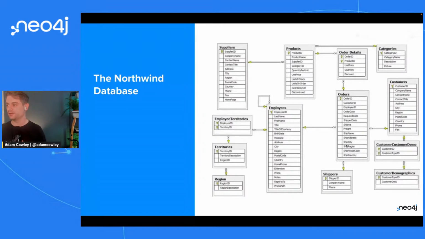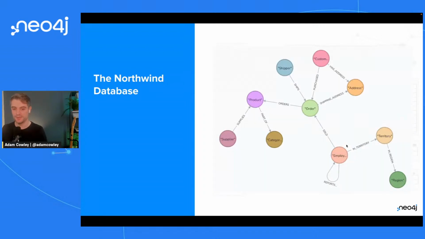For anybody that's not familiar with this example, I'm probably dating myself by saying that I remember learning this in the early 2000s as an example way of working with a Microsoft Access database, and it's become one of those de facto examples that you would use to explain and teach relational databases. But really what we want to do is turn it into something like this.